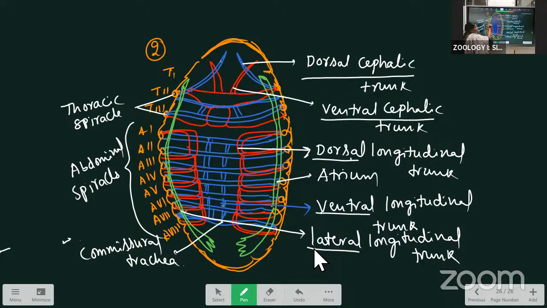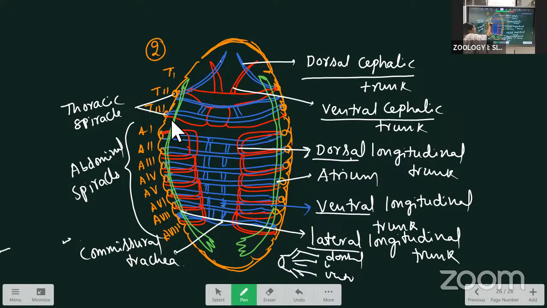Inside the abdominal spiracle, which opens into the atrium, there are three branches that open into three trachea: first the dorsal trachea, the ventral trachea, and the lateral trachea.